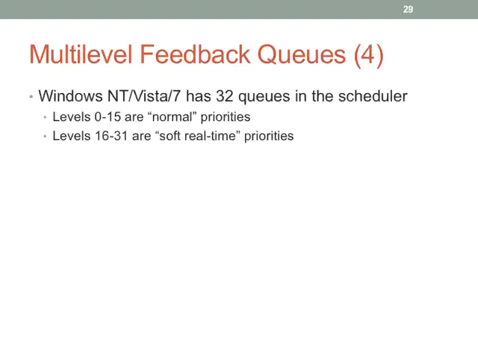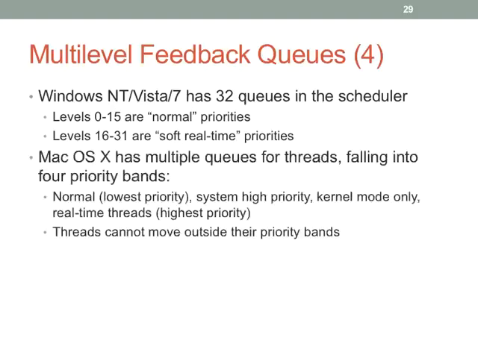Okay, so here are a few details. Windows NT, Vista, and 7. I've been told that 8 and 10 also behave this way, but I can't guarantee it. You have 32 levels, and the lower the number, the lower the priority. So 16 to 31 are the soft real-time priorities. OS X has, interestingly, 4 priority bands.